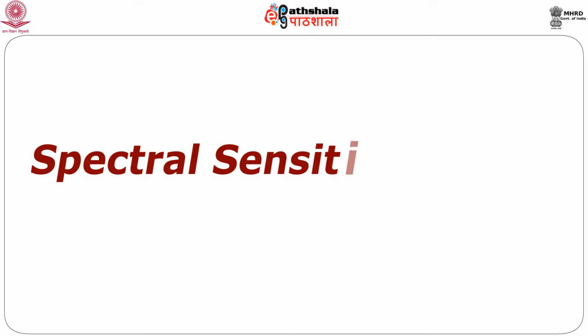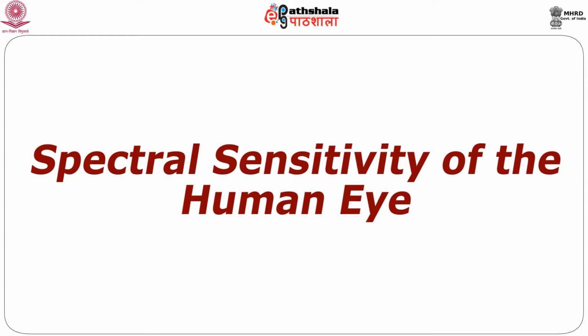The third one is spectral sensitivity of the human eye. How does the human eye act? What are the factors? Except when looking directly at a light source, sensations in the eye are caused by light reflected from the object in view. The human eye does not exhibit equal sensitivity to all wavelengths in the visible spectrum.